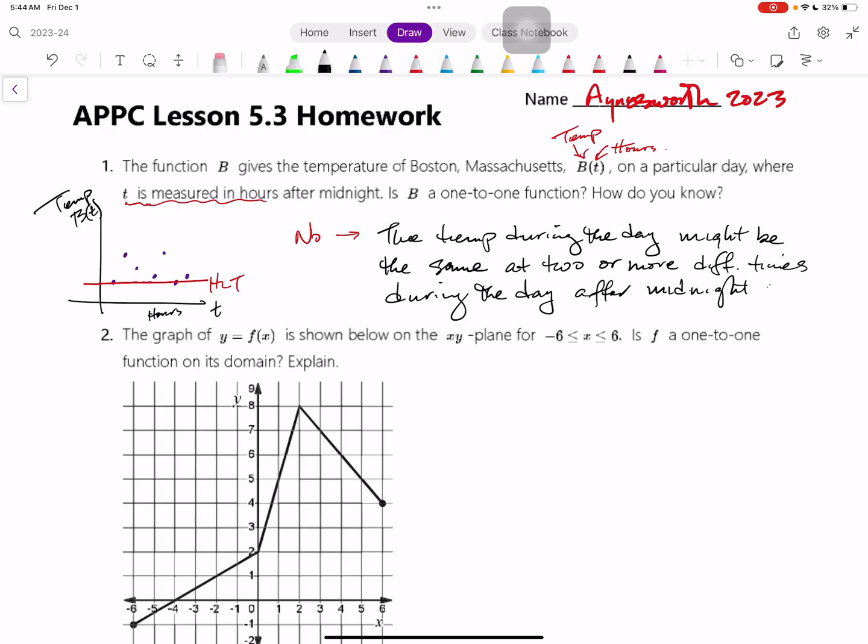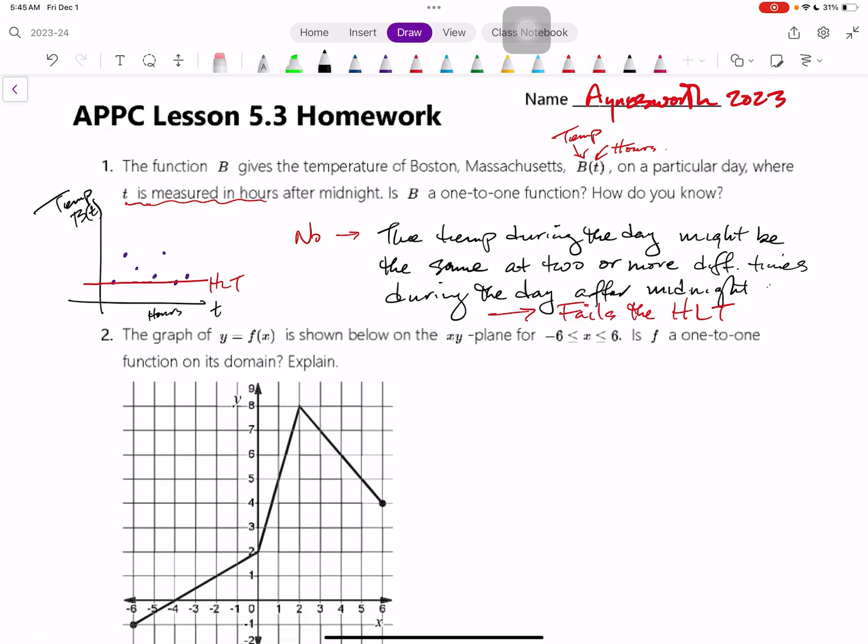Not only that, it fails the horizontal line test. Visually, that's how you tell. It fails the horizontal line test, as I just illustrated to the left. So there's a nice little illustration there.